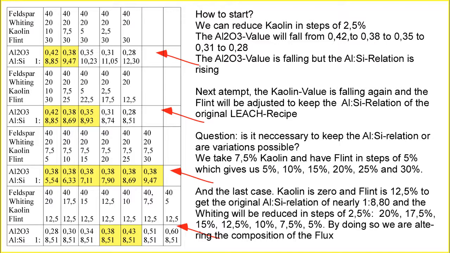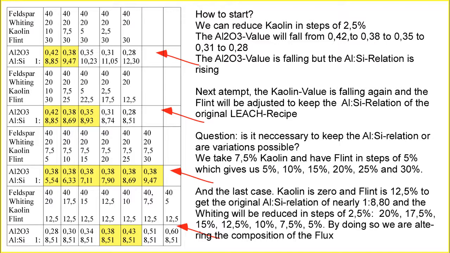Now the question, is it necessary to keep the alumina-silica relation or are variations possible? We take 7.5% of kaolin and have the flint in steps of 5%, which gives us 5%, 10%, 15%, 20%, 25% and 30%.